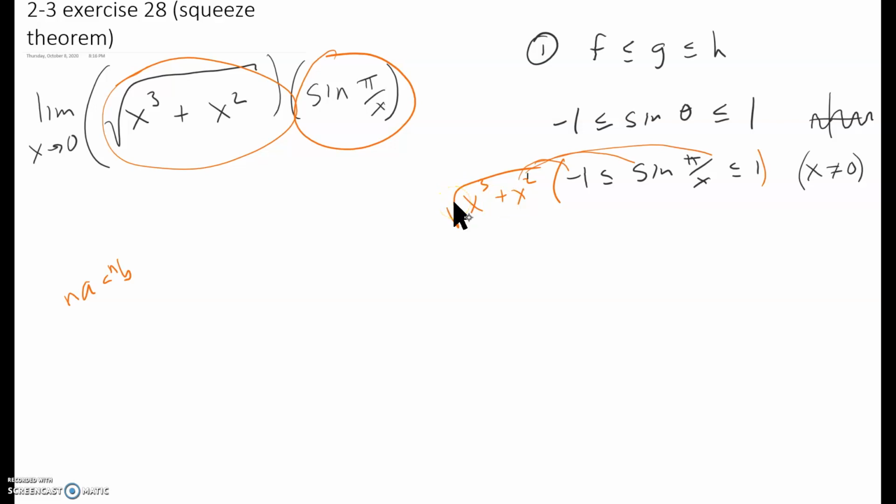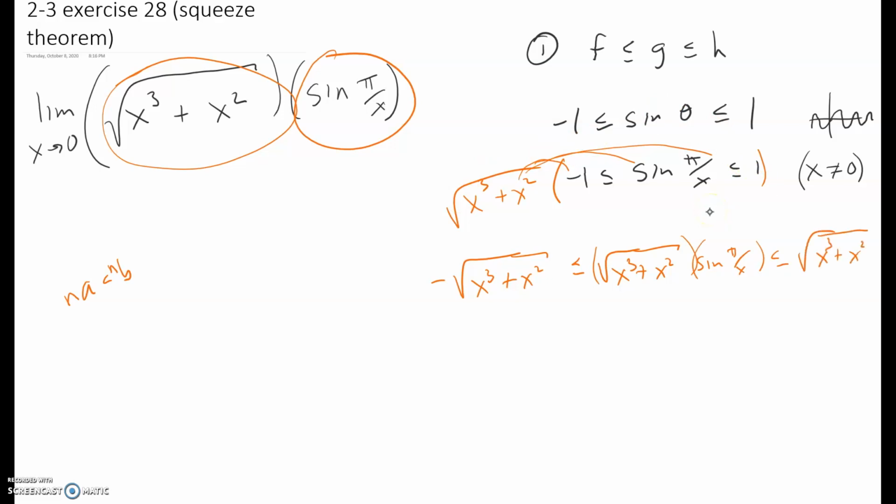So then I get -1 times the square root becomes negative square root of x cubed plus x squared, which must be less than or equal to the square root of x cubed plus x squared times sine of pi over x, which I put in parentheses, and which is less than or equal to 1 times the square root, which is the square root of x cubed plus x squared.